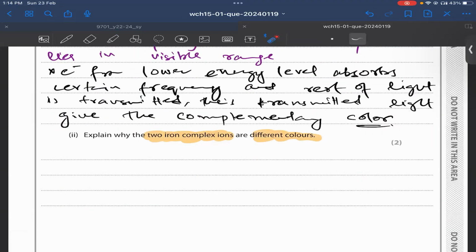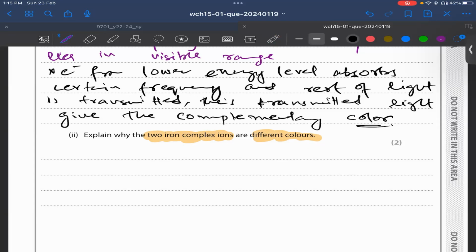Well, because they are in different oxidation states. And therefore, due to the different oxidation states, the energy gap between the orbitals is different, the delta E between the two sets of orbitals formed by the splitting. So they will absorb different amounts of energy, and the transmittance would be different. So that's why the colors are different, right?